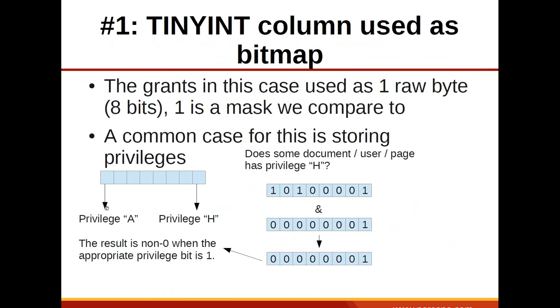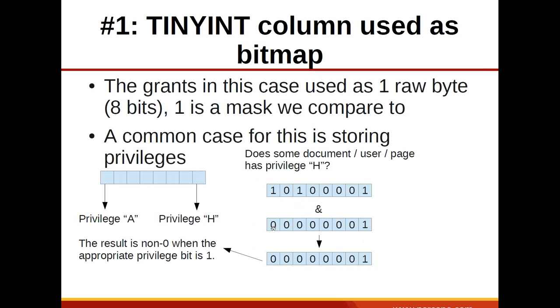So the most significant bit of this tinyint will represent, let's say, privilege A, and the least significant bit represents privilege H. So does some document or user or whatever this row represents have privilege H? That means, because the least significant bit is privilege H, the value is 1 if we write all the bits. So this is practically used as a bit mask.